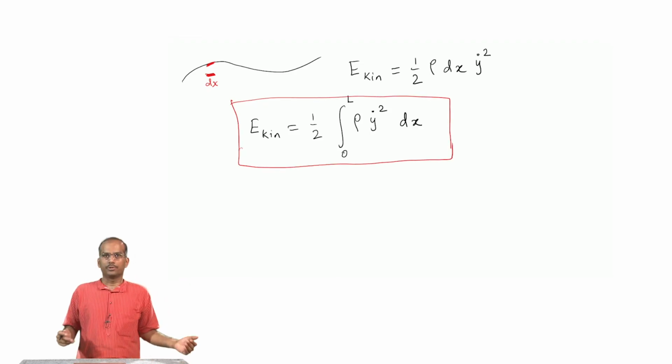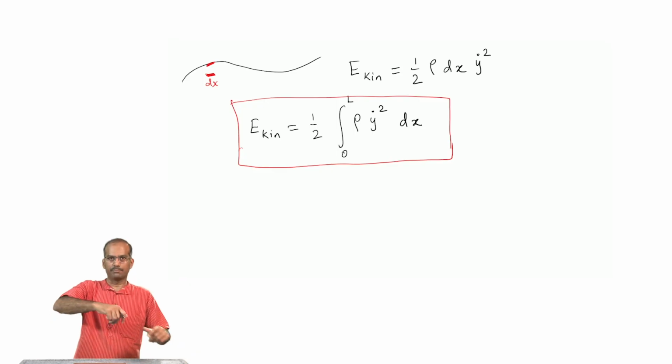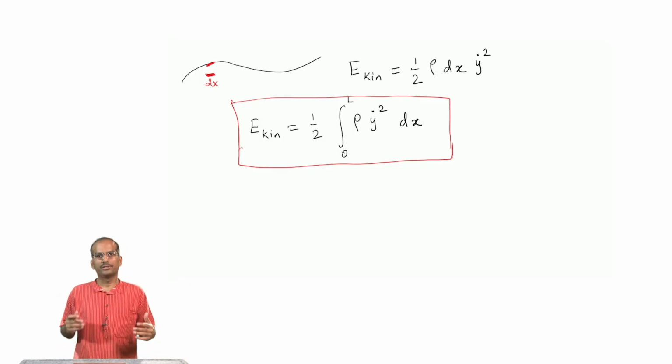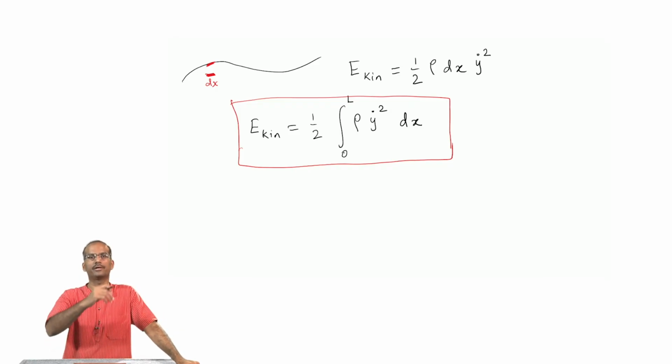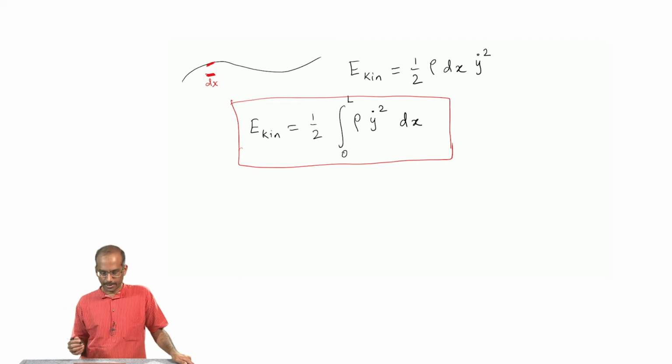So, the potential energy, let us say in some deformed position, would be simply equal to the amount of work done to deform the string to bring it to that position. So, the work is done by the tension in the string.